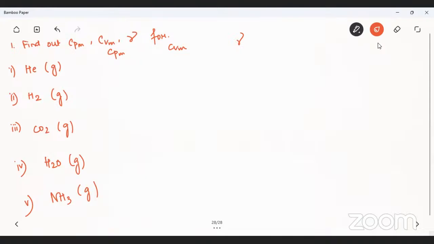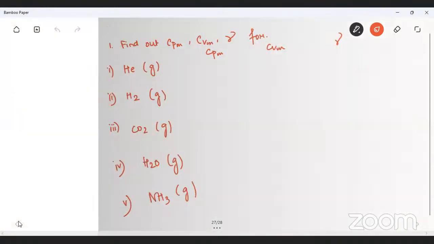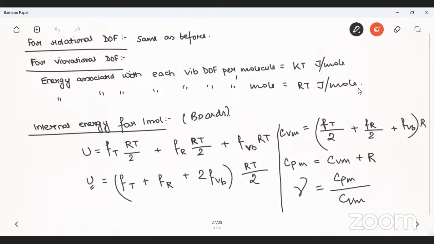Anyone? You need the formulas? These are the formulas. Copy this formula and just tell me.